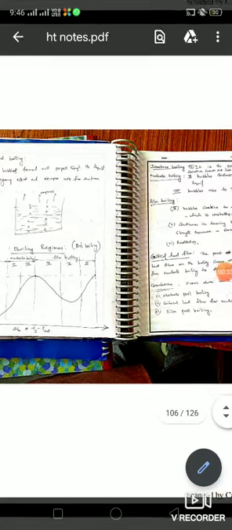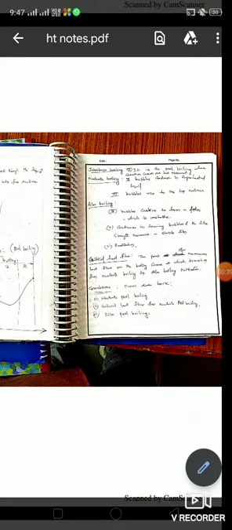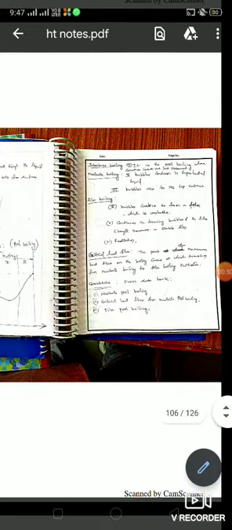Now, we will see one of the problems. We will solve just one problem, and we have seen what is critical heat flux.